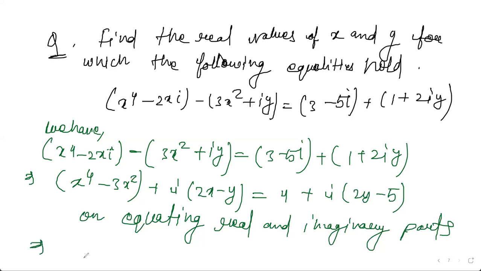On equating real and imaginary parts, we get x to the power 4 minus 3x square equal to 4 and 2x minus y equal to 2y minus 5.